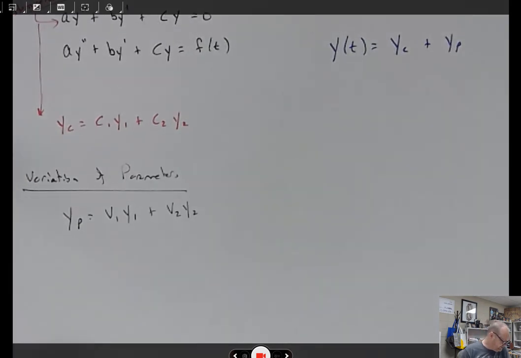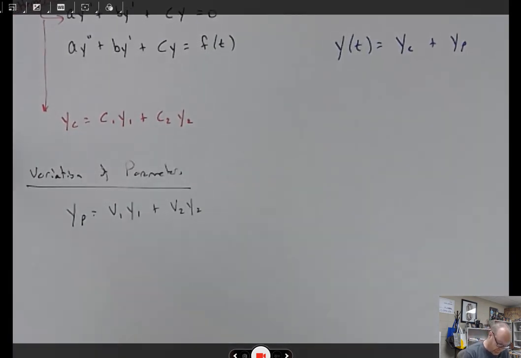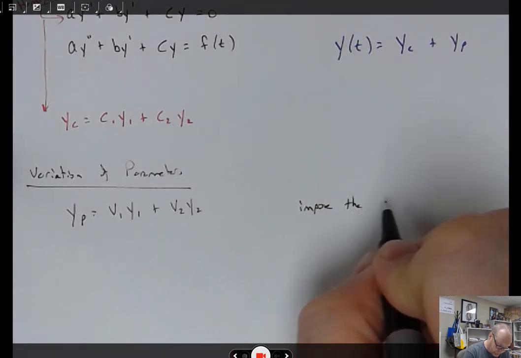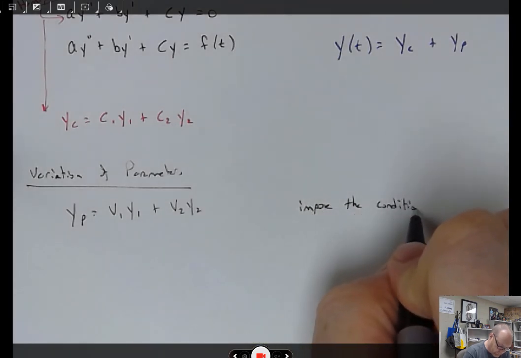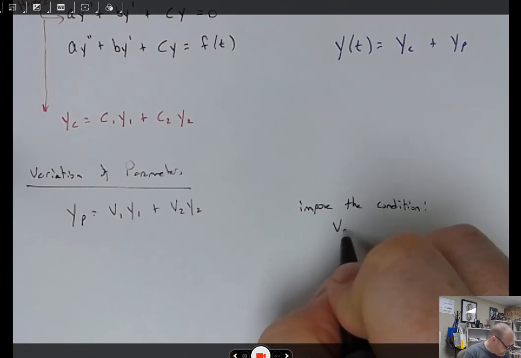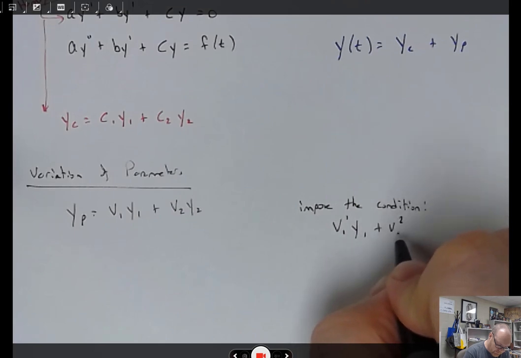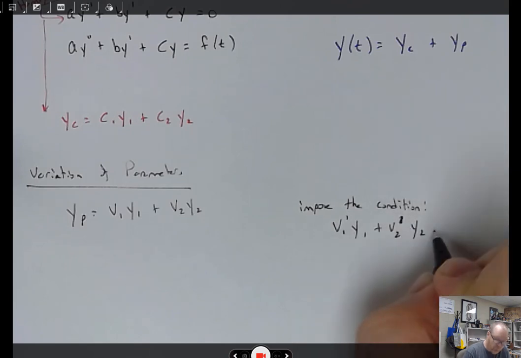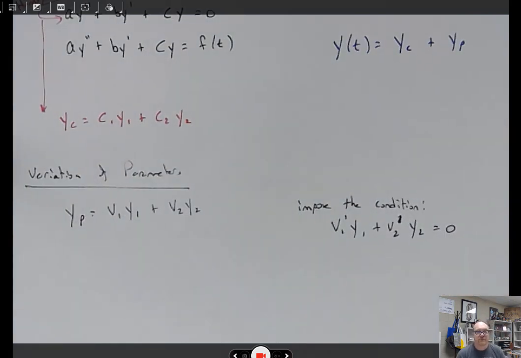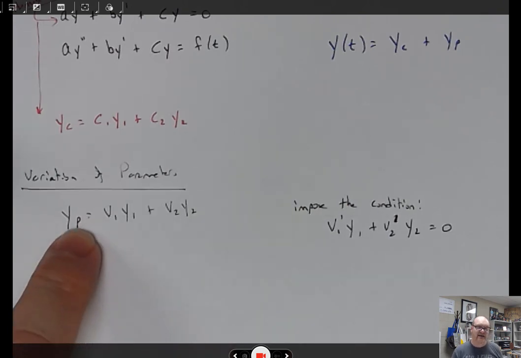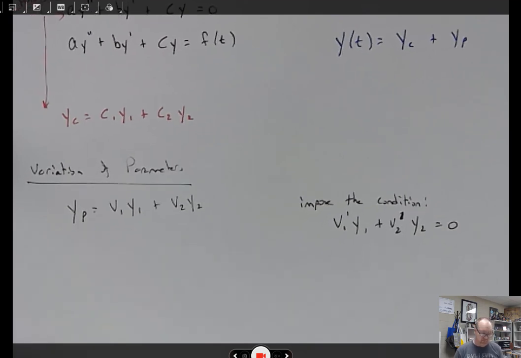And the only condition, and your book discusses this, but we're going to impose the condition v1 prime y1 plus v2 prime y2. I want that to be equal to 0.